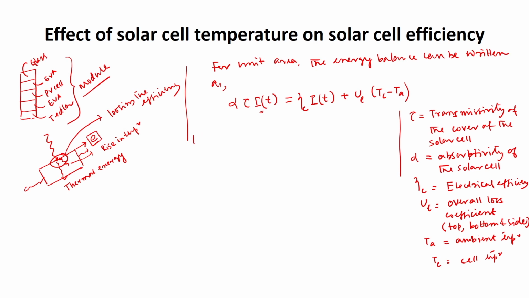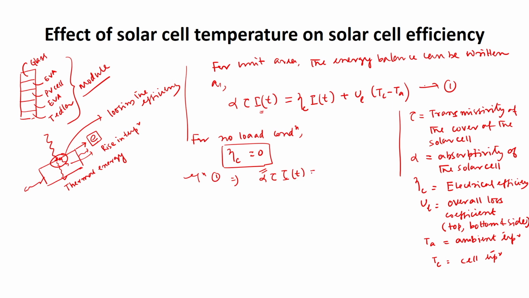For the no load condition, eta c will be 0, that means electrical efficiency is 0, because no utility is attached during that time. So, if this value is 0, then equation 1 implies alpha tau I t is equal to U L into T c minus T a.